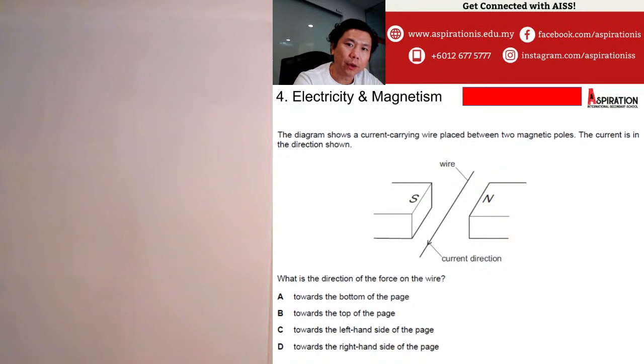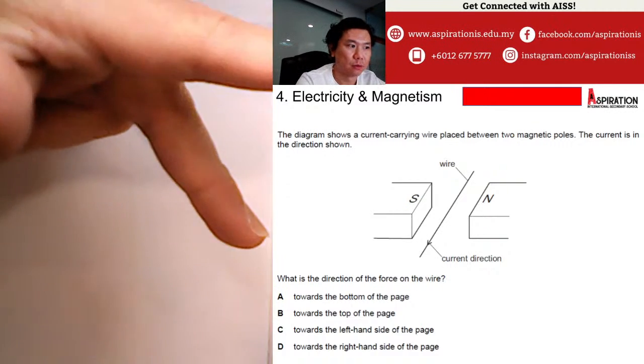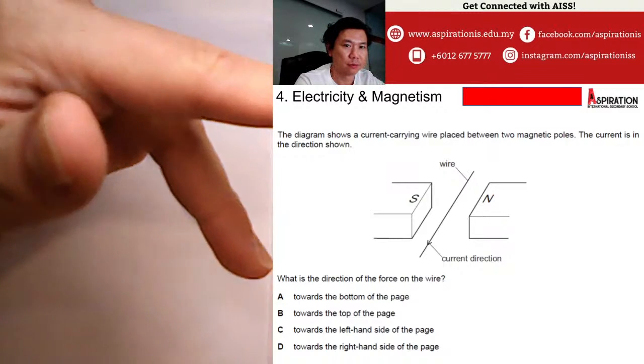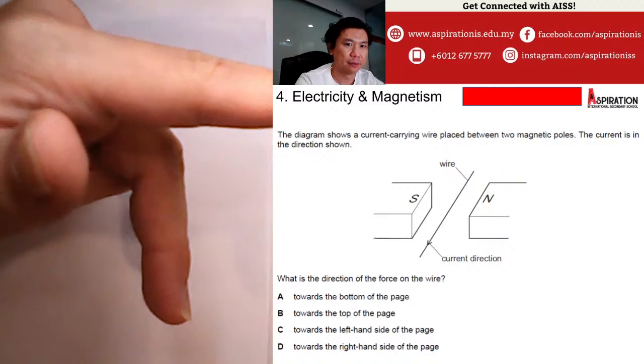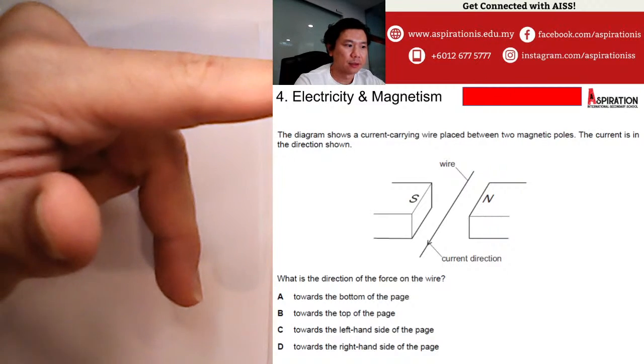So for this one, you have to use your Fleming's left-hand rule. All right, this is Fleming's left-hand rule. I'm going to try to use it. Okay, it's just not possible. So this is your thumb.